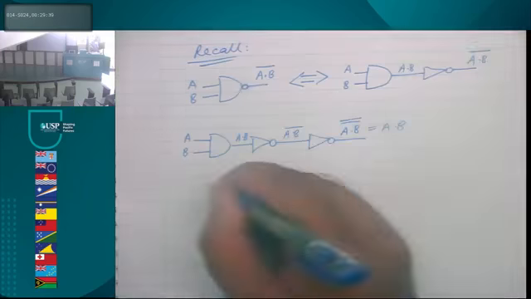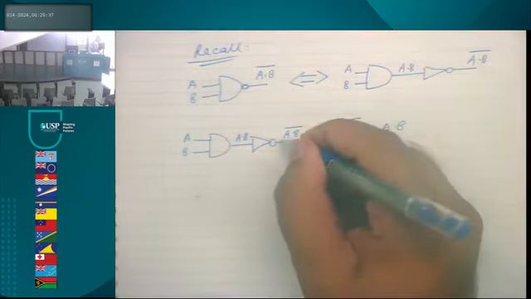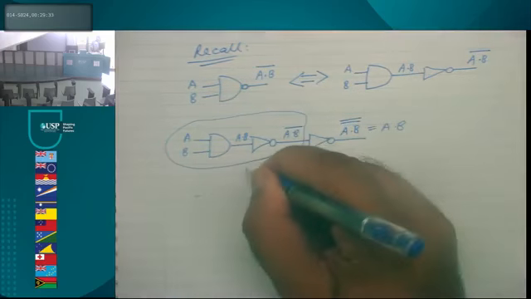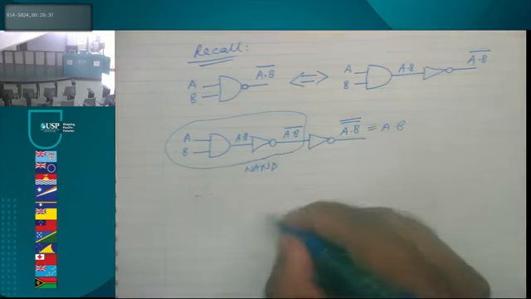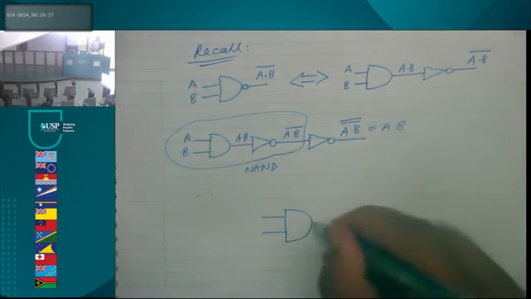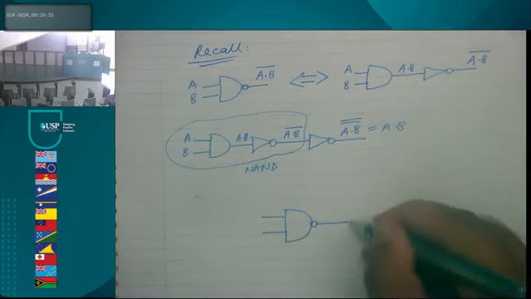So in the end, we can just say this part here was a NAND. So we can say that we have a NAND followed by a NOT gate, which is built using a NAND.